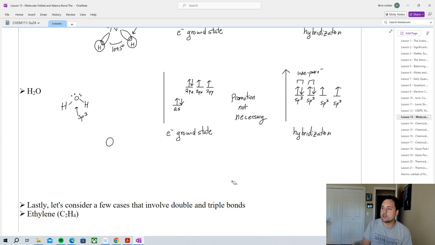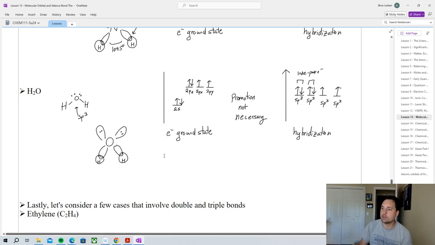We'll get 2 lone pairs. I'm going to draw them like bunny ears. And then we have those remaining hybrid orbitals that are going to combine here with the 1s orbitals of hydrogen. And we now have the correct geometry for water.